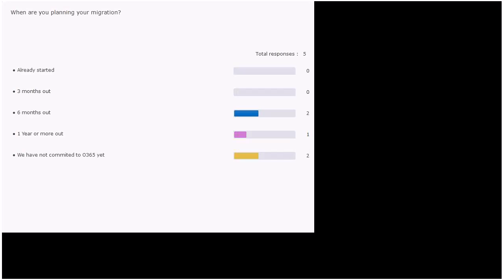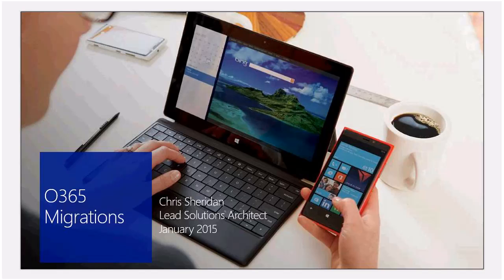Okay. All right. So some good answers. So everyone on the call is at least 6 months out, which is good in some ways because it gives you time to do a lot of the tips and tricks I'm going to show you today, and I'll go through a lot of those processes that I'm going to outline.